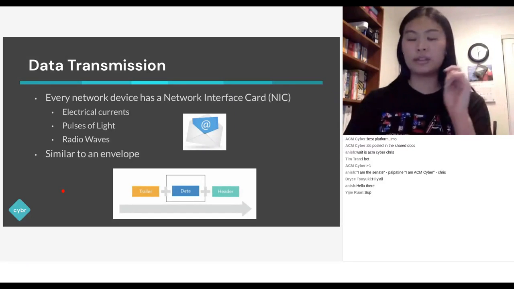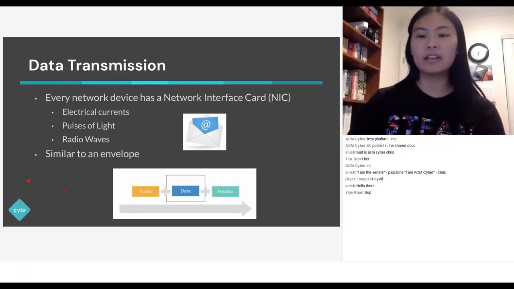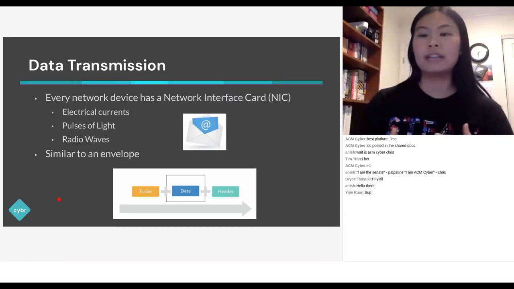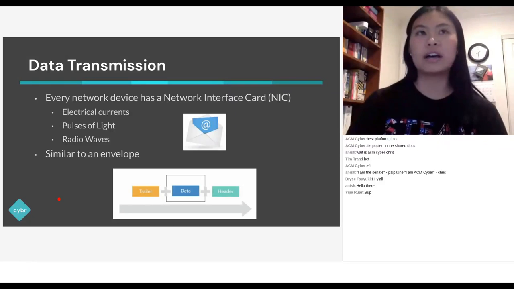You stamp it, you put your address, and finally you send it off. In this sense, it's similar to how data is packaged. There's a source and destination address that's added, and then it's sent off.